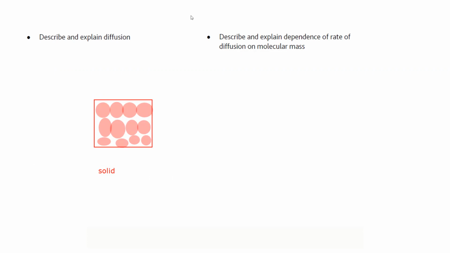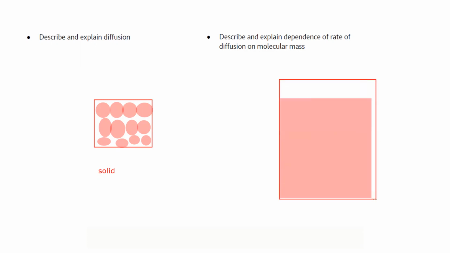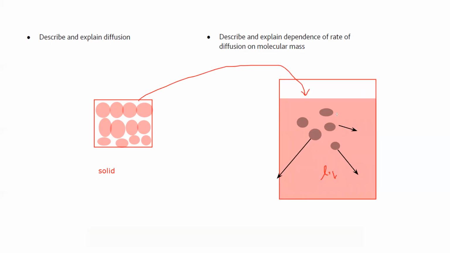But if you add this solid to a liquid, say a container filled with liquid, where these are the liquid molecules, then what happens? The particles of the solid first move away from each other, and after moving away, they move from a region of higher concentration to a region of lower concentration. Then we say diffusion has happened.